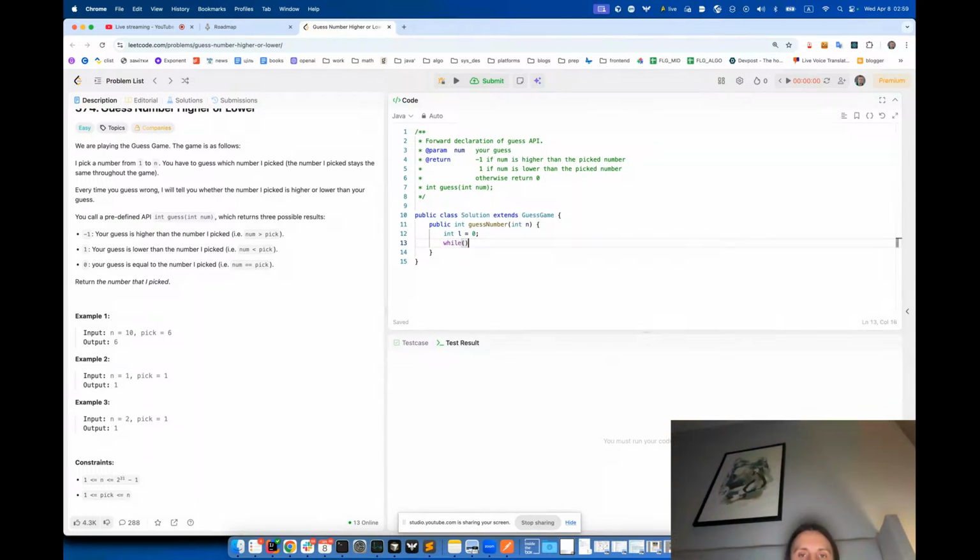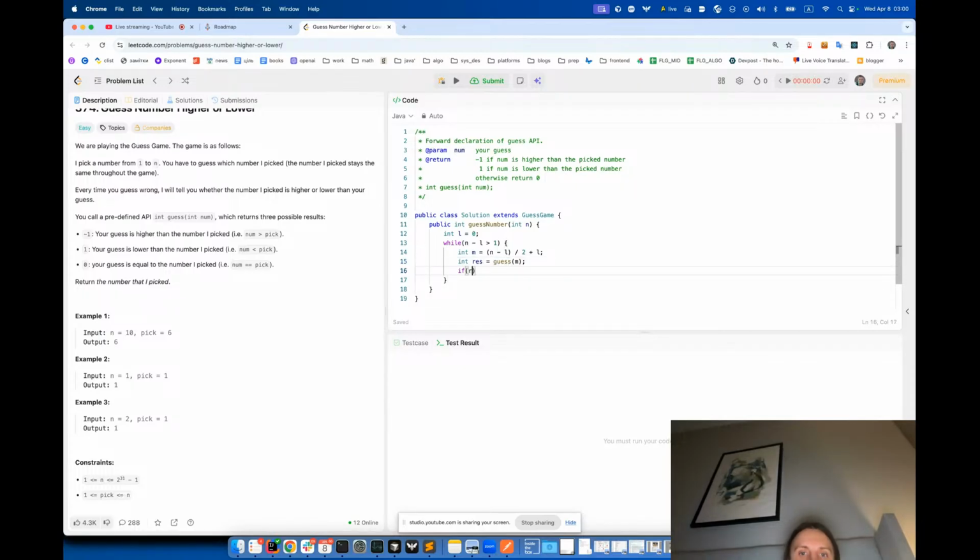So let's do while r minus l is greater than 1, and then we calculate our m with r minus l divided by 2 plus l. Then we can call our guess function with m and get some result.